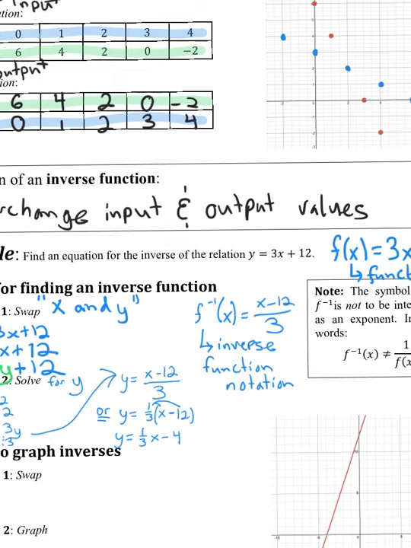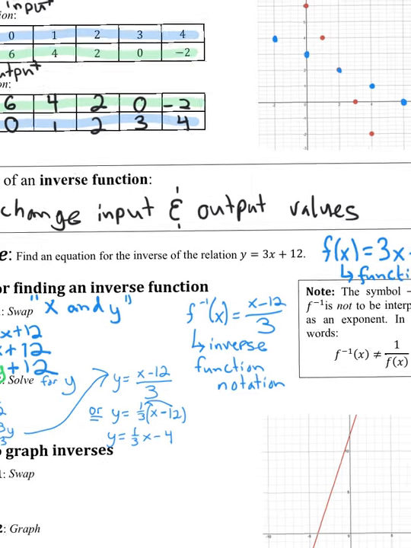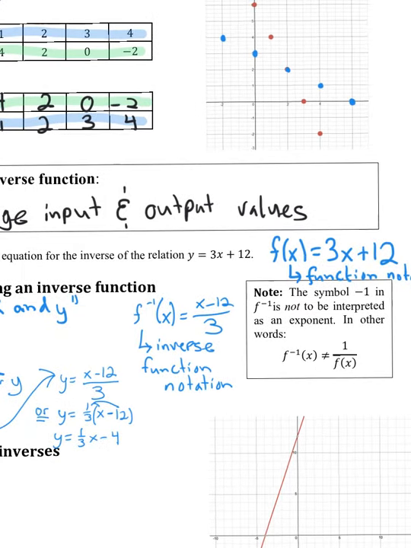And there's a little note on the right-hand side of the paper that says that the symbol -1 is not an exponent. It's just symbolic. It's just how we write f inverse, with this f to the -1 power looking thing. So it looks like it might be an exponent, but it's not really an exponent.